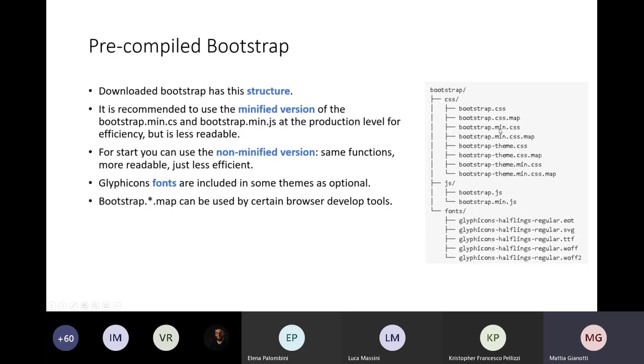These two offer the same capabilities, so it is exactly the same which one you import. It is just that the minified version of the code is more optimized, so it is easier to load from the network, and it is very much suggested to use bootstrap.min.css when you have to deliver the final version of your project.